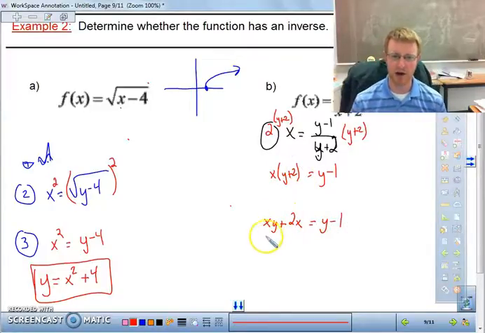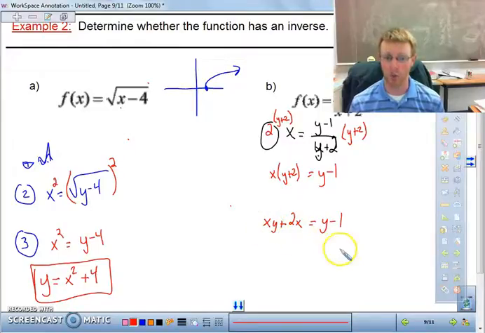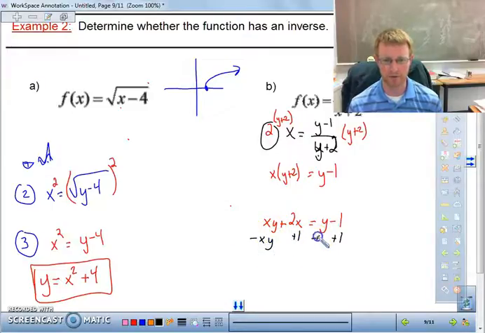Now, if we're trying to isolate y, we need to get all of our y's on one side and anything that's not a y on the other side. So we're going to add 1 to both sides, and we're going to subtract xy from both sides. So that means we end up with 2x plus 1 on the left, and we end up with y minus xy on the right.